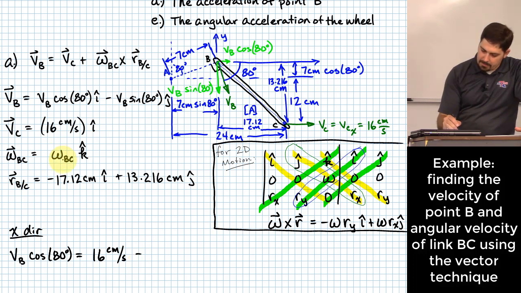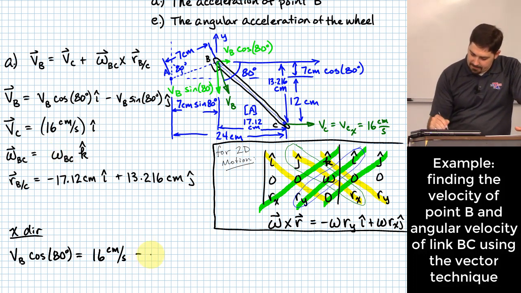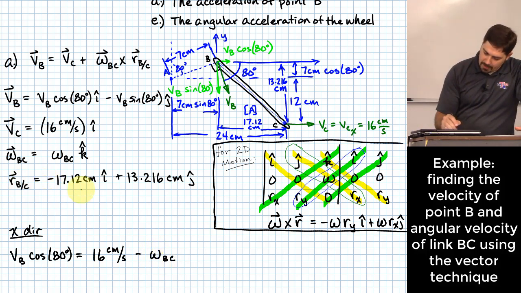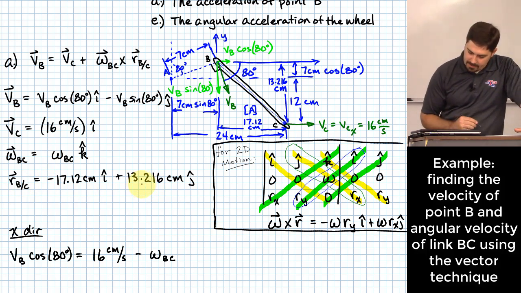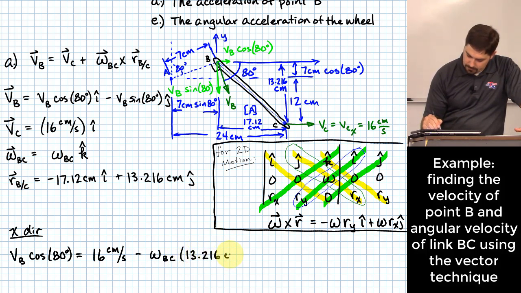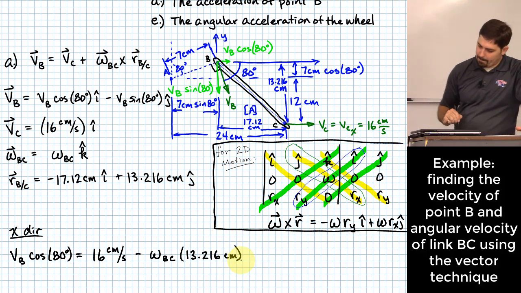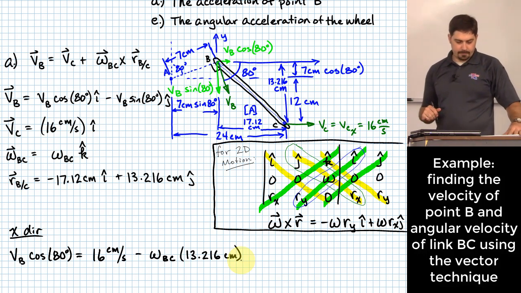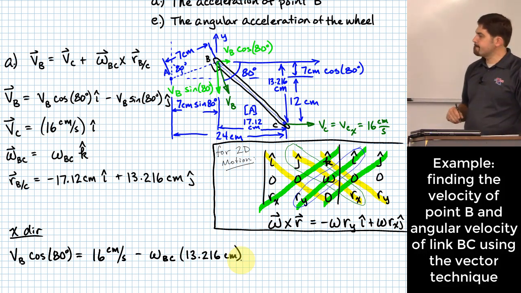Okay, but it's just going to be this omega BC times RY, and RY is going to be positive 13.216 centimeters.